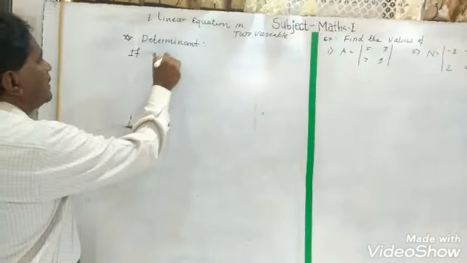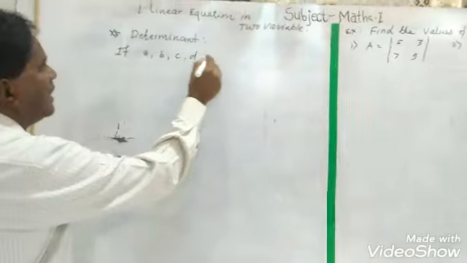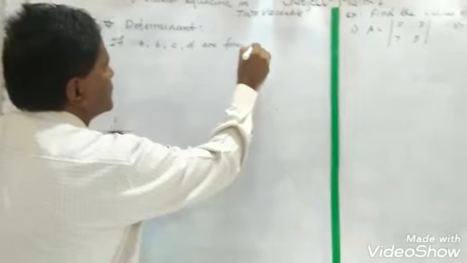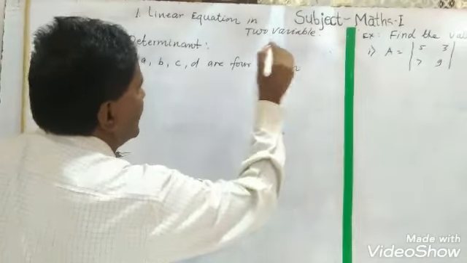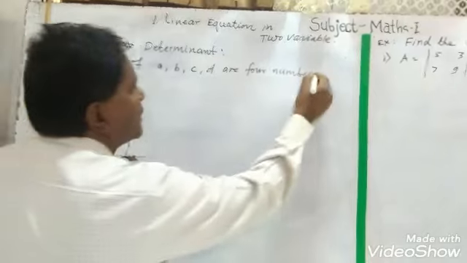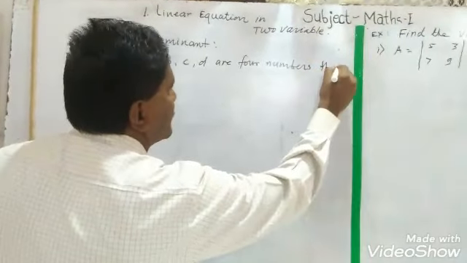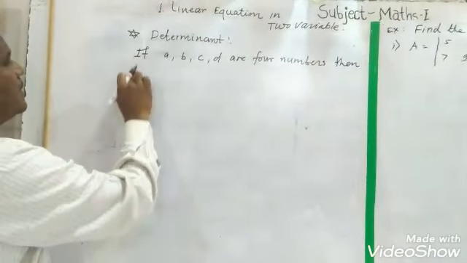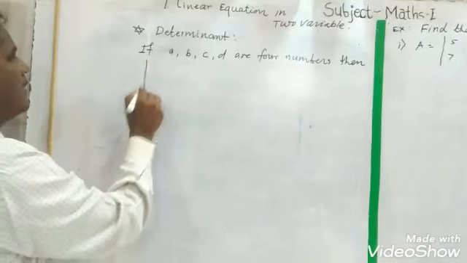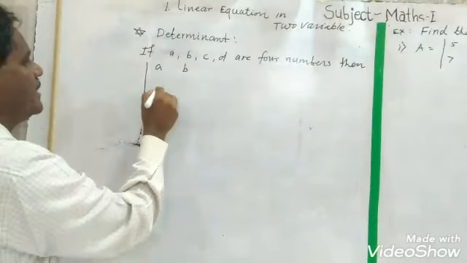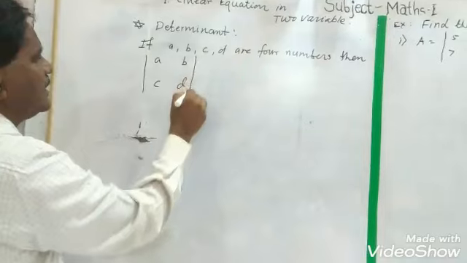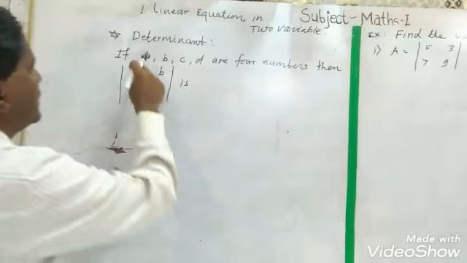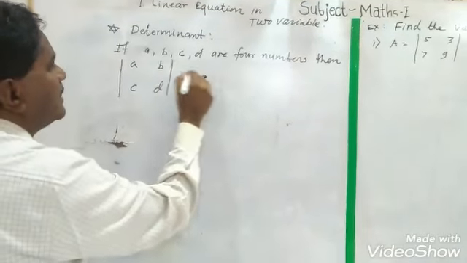If A, B, C, D are four numbers or elements, then determinant of order 2 A, B, C, D is, if A, B, C, D are four numbers, then A, B, C, D is a determinant.